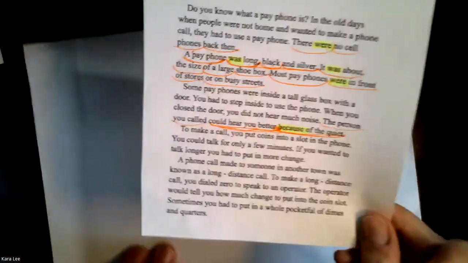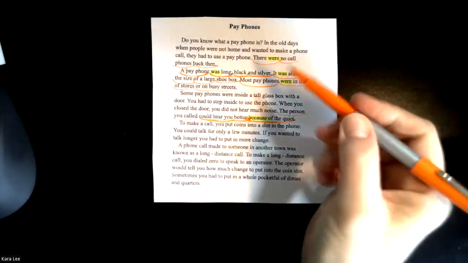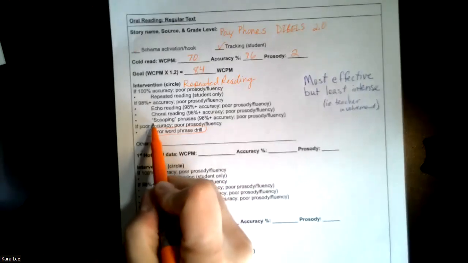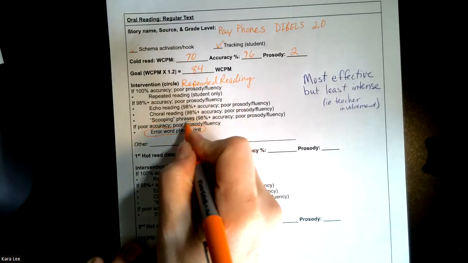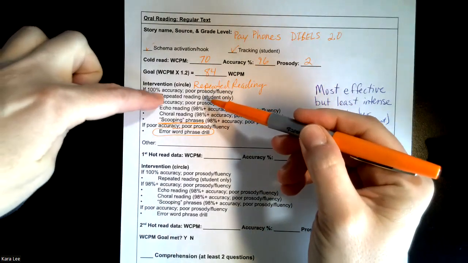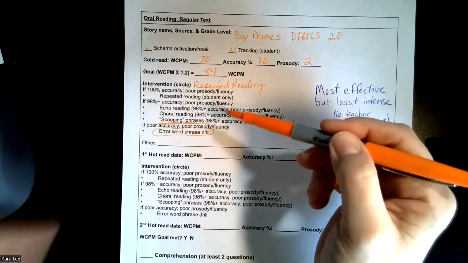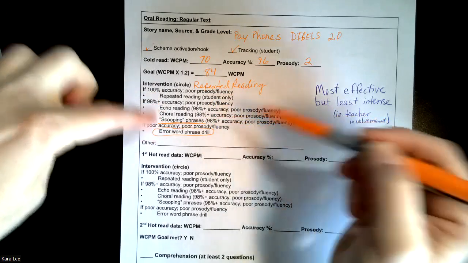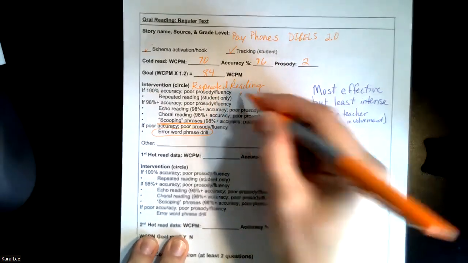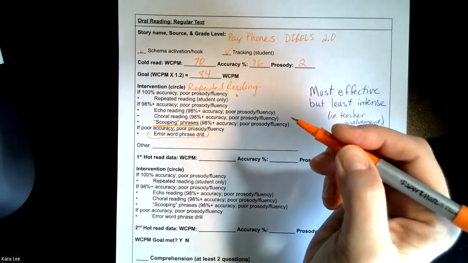And even if there aren't a lot of error words, okay, this scooping phrases right here, you see how these are listed in order of intensity from the lowest intensity to the highest.